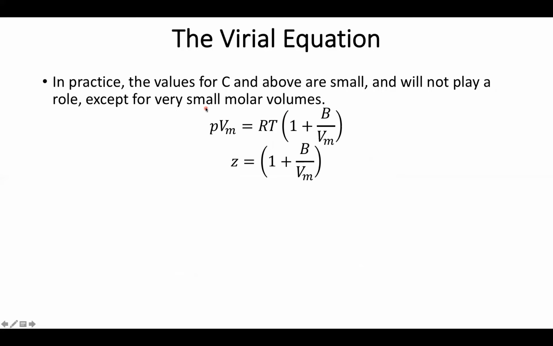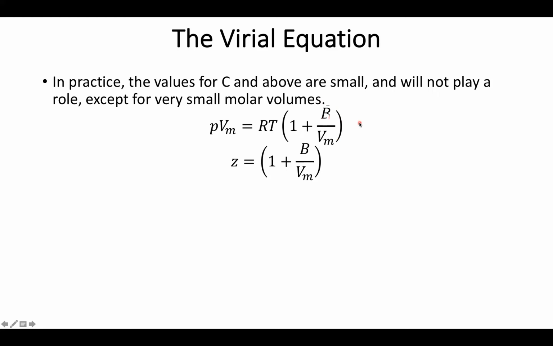So unless I'm dealing with really small molar volumes or pressures above, say, 3 to 500 atm, depending on what gas I'm dealing with, I can actually capture most of my non-ideal behavior simply by making use of the first order correction. So this ends up giving me just the B value, or unfortunately what's called the second virial coefficient. First one being 1, second coefficient being B.